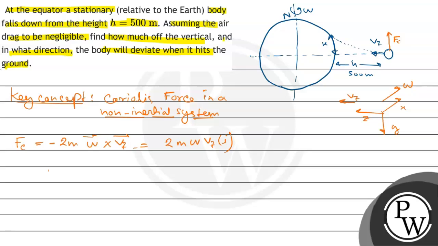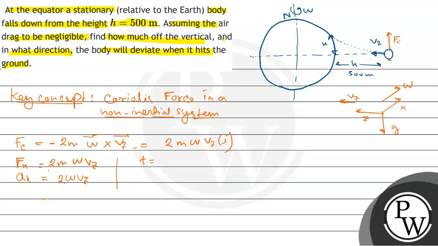Means if Coriolis is in the direction of x, so we can write that F_x equals 2m omega vz, so ax, that is acceleration along x direction, will be 2 omega vz.